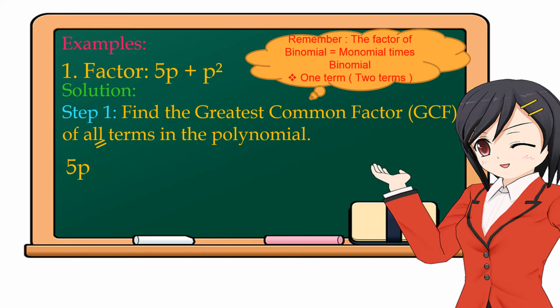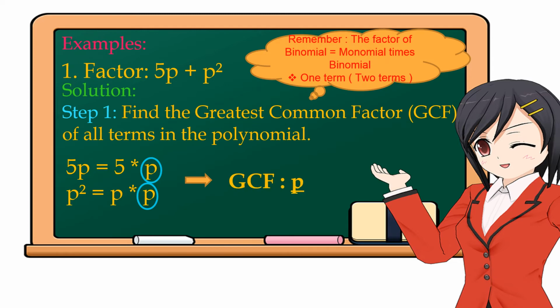The first one is 5p, which has a factor of 5 times p, and p squared, which has a factor of p times p. Let's encircle the common factor between 5p and p squared. So the GCF of 5p and p squared is equal to p.